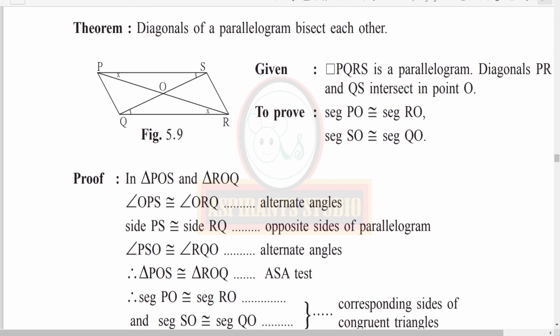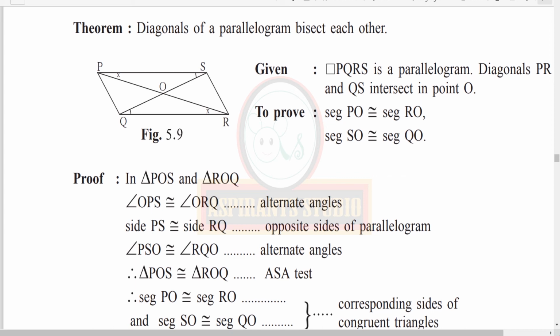Angle OPS is congruent to angle ORQ because they are alternate angles. PS is parallel to QR and line PR is the transversal. Then you can apply the alternate angles theorem.